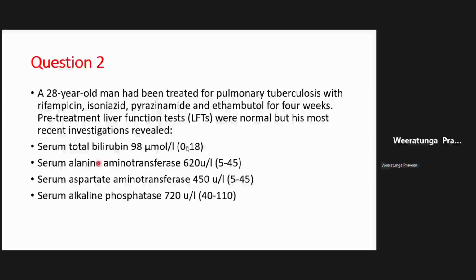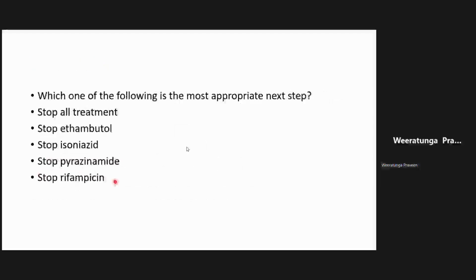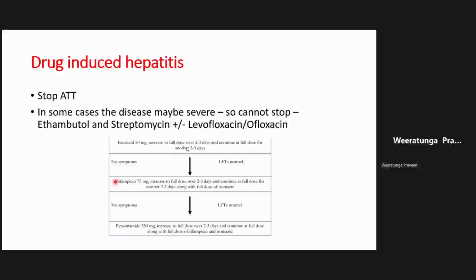Drug-induced hepatitis. What do we do? Obviously you have to stop everything.